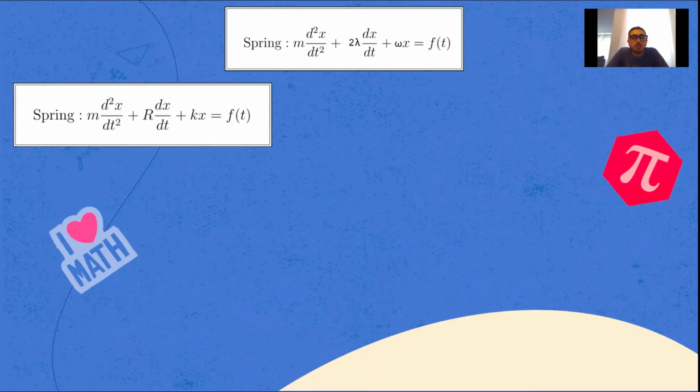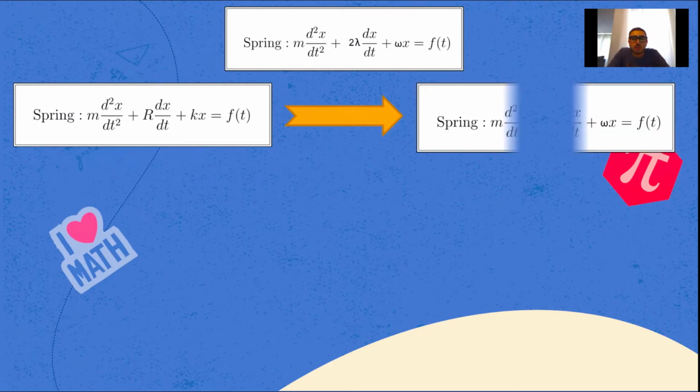So we're given a general spring equation: m d squared x over dt squared plus 2 lambda dx over dt plus omega squared x equals f of t. Also, the book writes it as beta instead of the 2 lambda, but it's better known as beta over m.